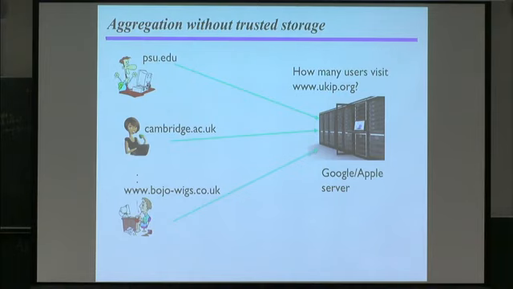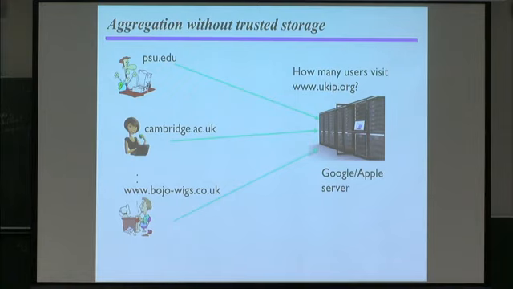But what happens if we don't want to do that? What happens if we don't trust the aggregator to store our information correctly, and we don't necessarily have the luxury of engaging in a protocol with lots of back and forth?